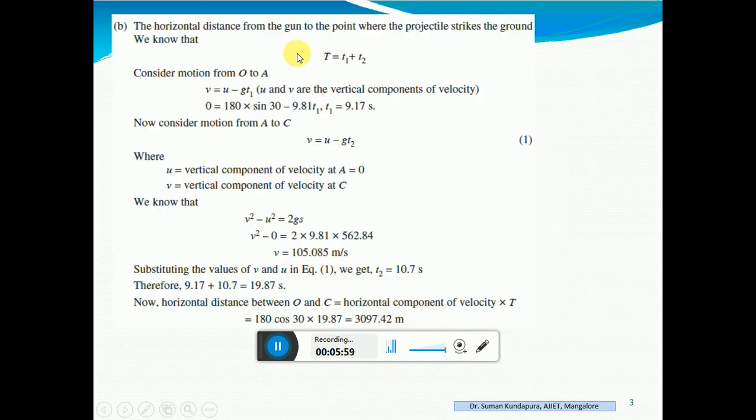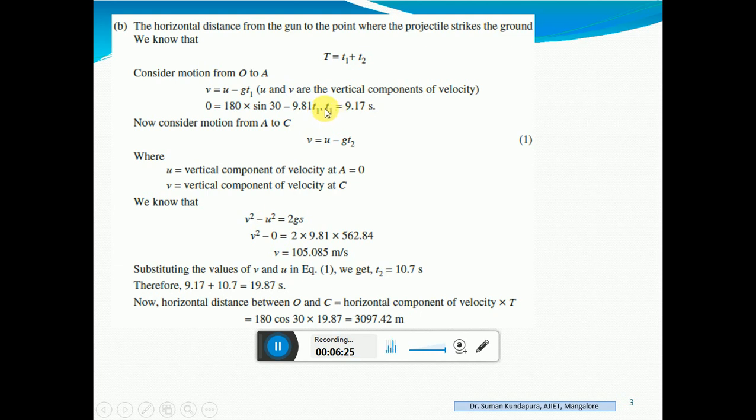So I will write 0 equals u sine 30 minus g t1. Why minus here? Because the projectile is moving in the upward direction, and upward direction means acceleration due to gravity is negative. So it is minus g into t1, the time taken to reach from O to A.